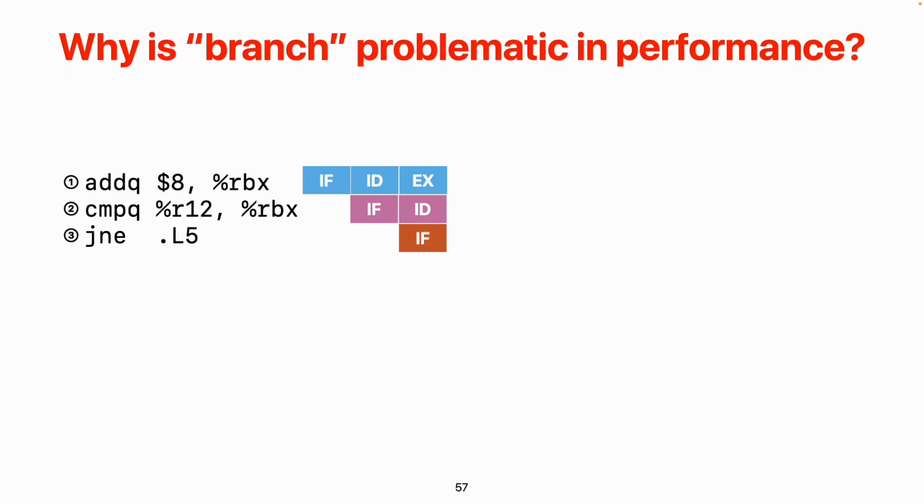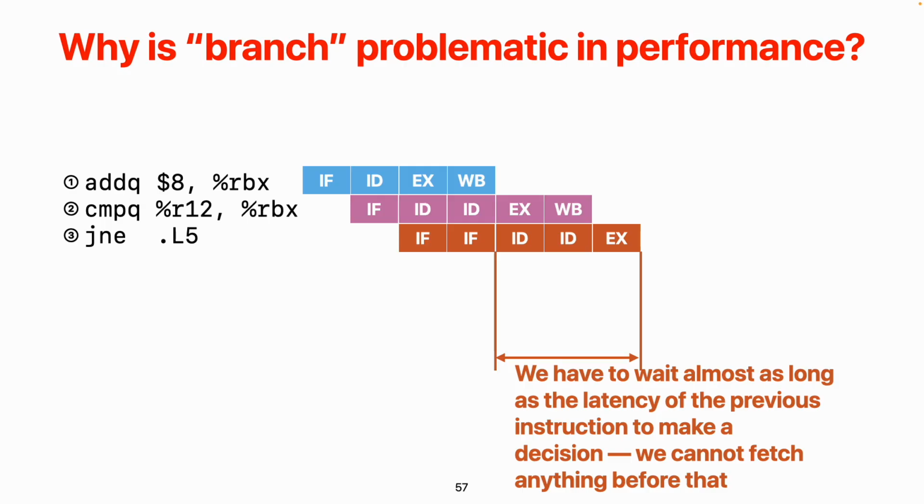So now let's talk a little bit about why we want to specifically care about branch performance. First of all, if you look at the branch, it's actually stopping us from fetching. Whenever you cannot fetch the next instruction, your pipeline will not be able to make progress. And when are we going to know where to fetch?